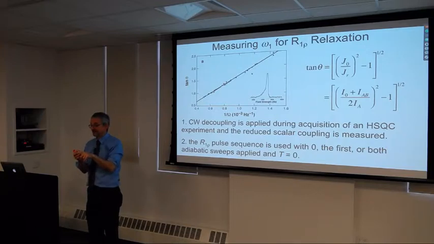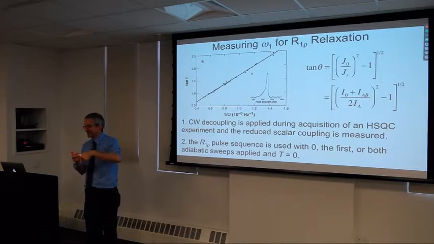And ideally, that should just follow a sinusoidal dependence, but it's more complicated due to B1 inhomogeneity, because now you have the superposition of different sinusoidal dependences.